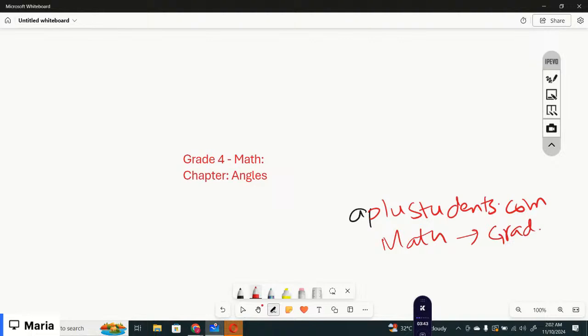Scroll down to grade 4 math. There you can find the list of the chapters. We're going to start with the chapter angles. So please make sure you have your notebook and pencil so that you can note down the important examples and definitions as well.